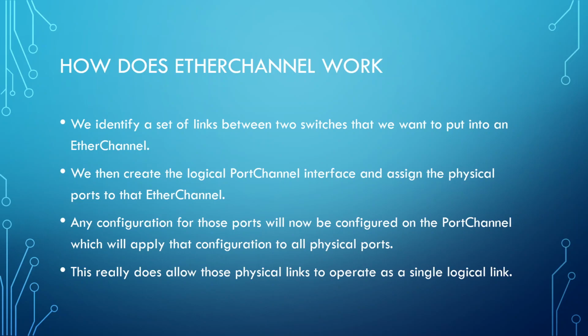It associates the physical links with the logical interface, meaning when I make a forwarding decision, I'm going to make a forwarding decision saying that I want to forward traffic out this logical interface. And then when it comes to actually forwarding traffic, it will use the load balancing algorithm to pick which physical link it's actually going to forward the traffic over. So we create the logical port channel interface, and then we just assign the physical interfaces to that EtherChannel interface.